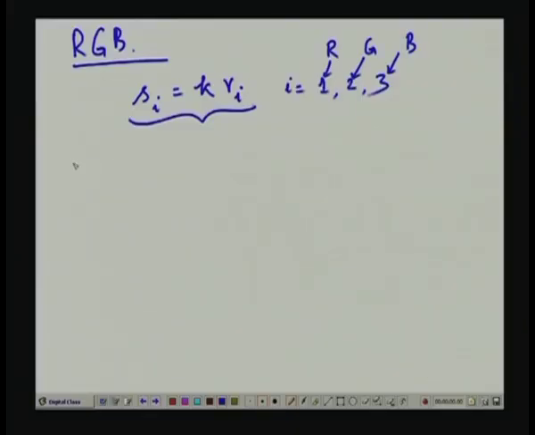Whereas, if I do the same transformation in HSI space, then as we said, the intensity information is contained only in I. So, the only transformation needed in this particular case is S 3 is equal to the constant k times R 3, whereas the other two components corresponding to hue and saturation can remain the same.